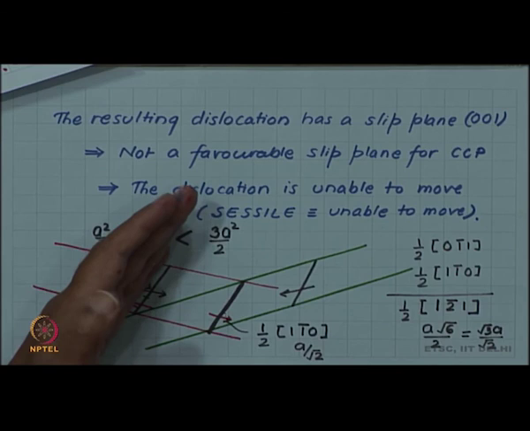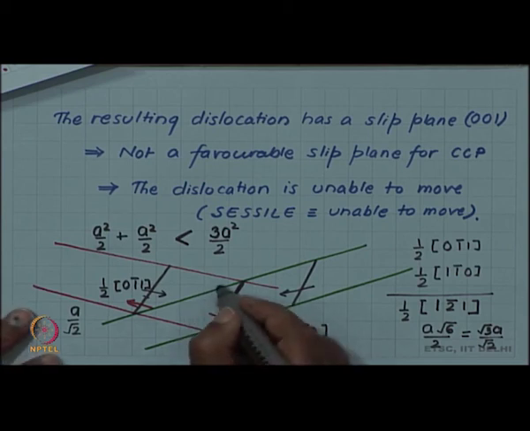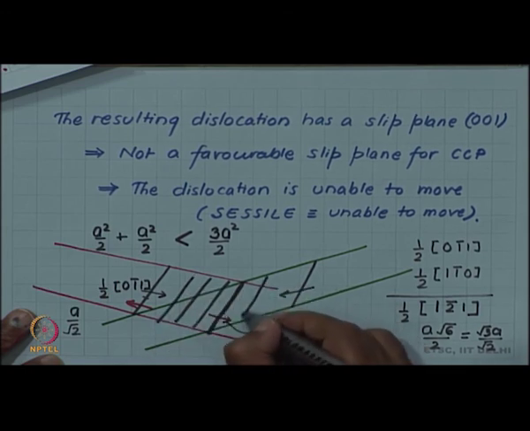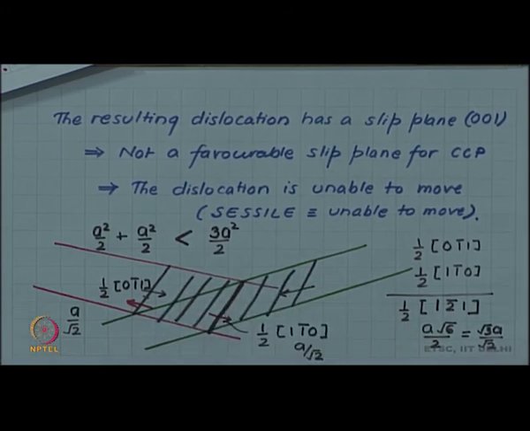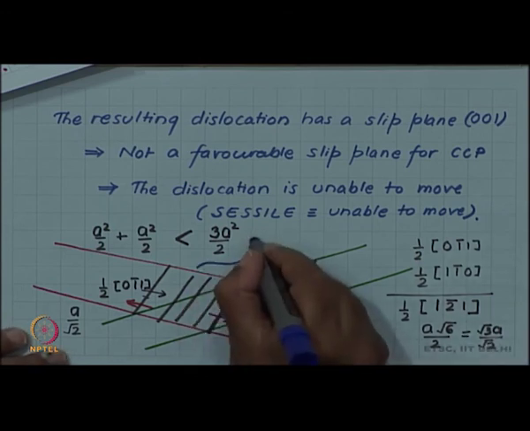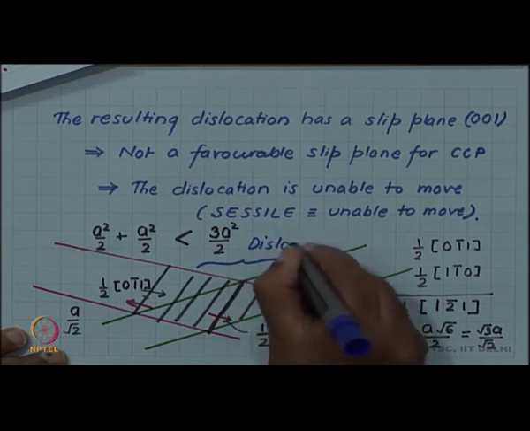So, this dislocation will not like to move towards this sessile dislocation and get combined. So, not only is this sessile dislocation unable to move, it will start stopping the other dislocations which are coming on the same slip plane towards it. So, there will be what is called a dislocation pile up. Another name for a traffic jam of dislocations.